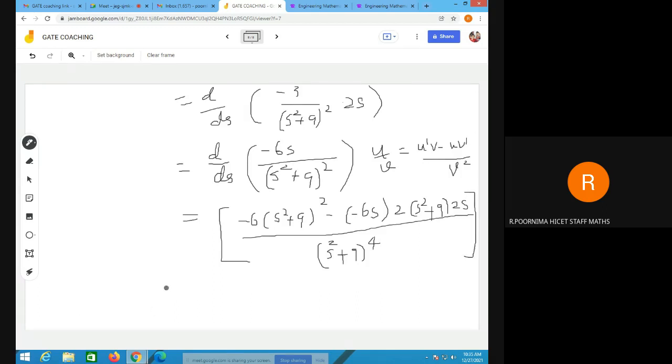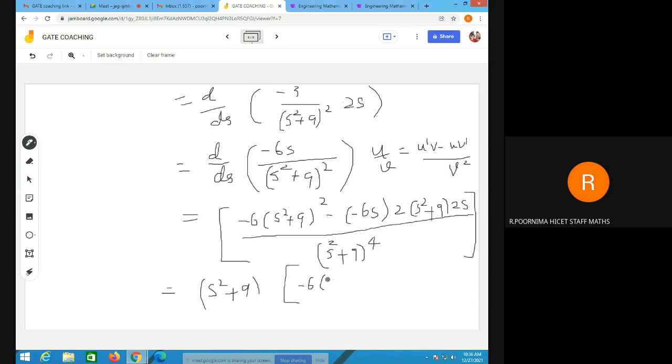Now you can take s square plus 9 outside, because the first term has s square plus 9 and the second term also has s square plus 9. So we can take one s square plus 9 as a common term from the numerator. So s square plus 9 into minus 6 into s square plus 9, because in the first term s square plus 9 the whole square is there and we have taken only one s square plus 9 as a single term.